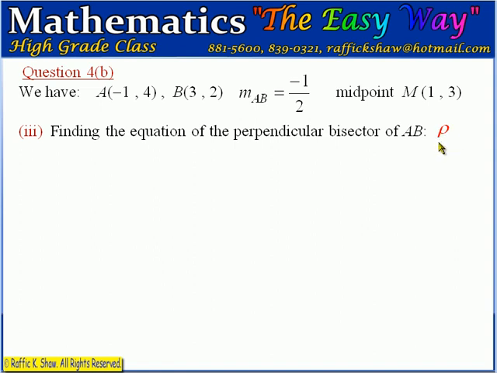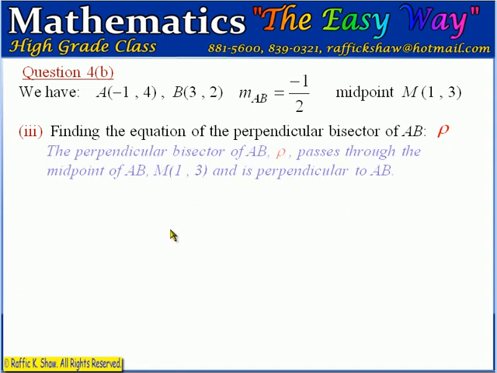We're going to call the perpendicular bisector P, and the perpendicular bisector of AB, which we're calling P, passes through the midpoint of AB, which is this point M, 1,3, and also is perpendicular to AB. The line we're looking for is perpendicular to AB, and it bisects AB, meaning it passes through the midpoint of AB.